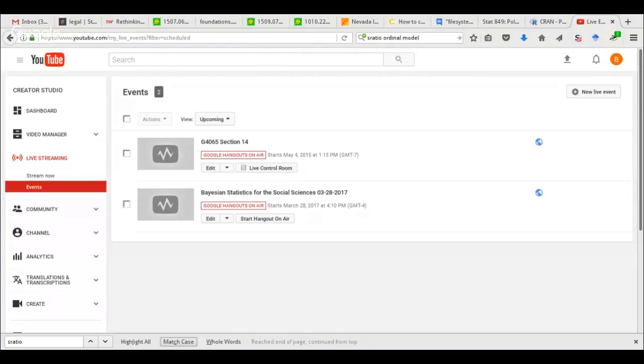So there's like 5 or 6 different model fitting functions in the RStanArm package. And if you understand what glm does, then you automatically understand what stan_glm does. It's just Bayesian.